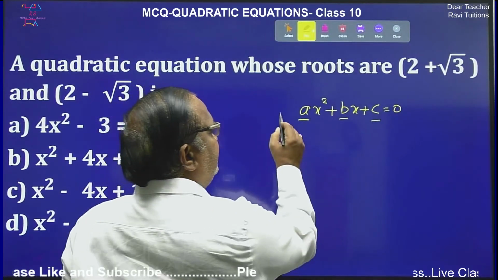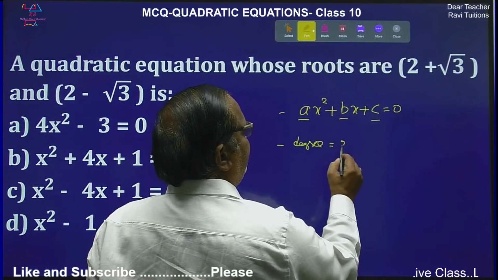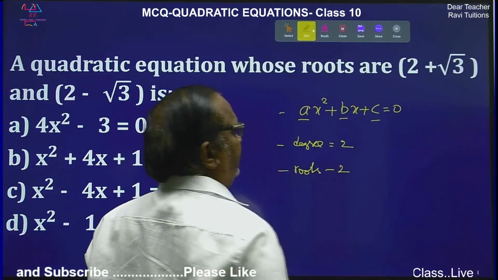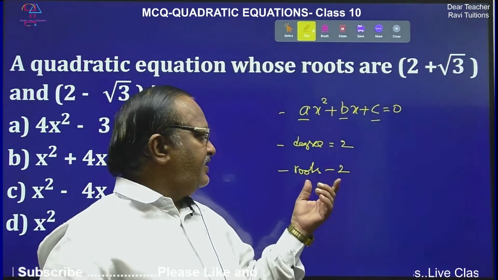The degree of a quadratic equation is 2, and the number of roots for every quadratic equation is 2.